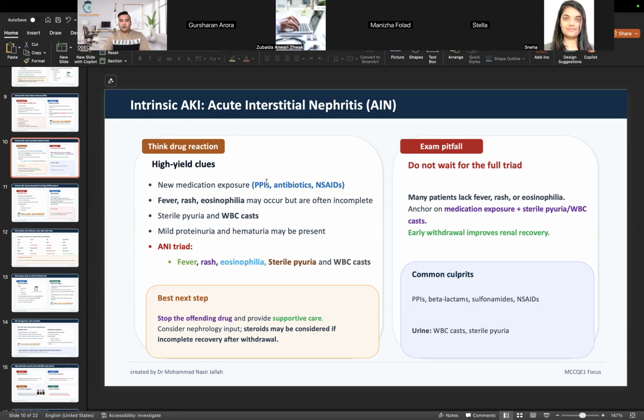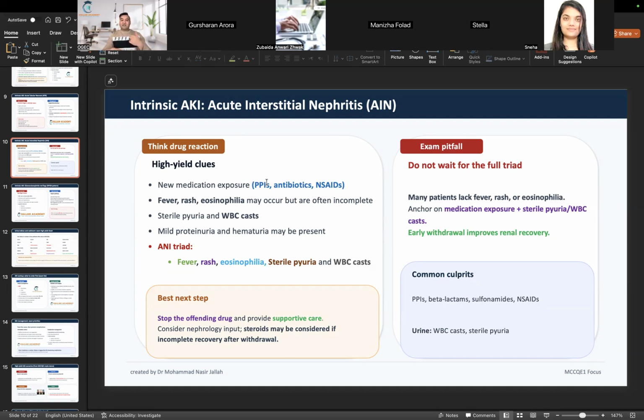So we're talking about acute interstitial nephritis, which is part of the intrinsic acute kidney injury. In this case, if they want to test you with this one, they will give you a scenario about someone who started a PPI or antibiotic or non-steroidal anti-inflammatory drug, then the patient develops acute kidney injury.